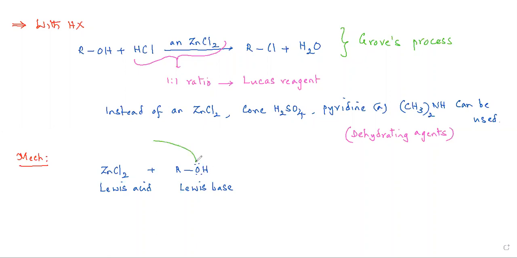Now, we get ROH, a pair of electrons. Then, of course, this is ZnCl2. Excess of electron is present at zinc, so minus charge. Okay.